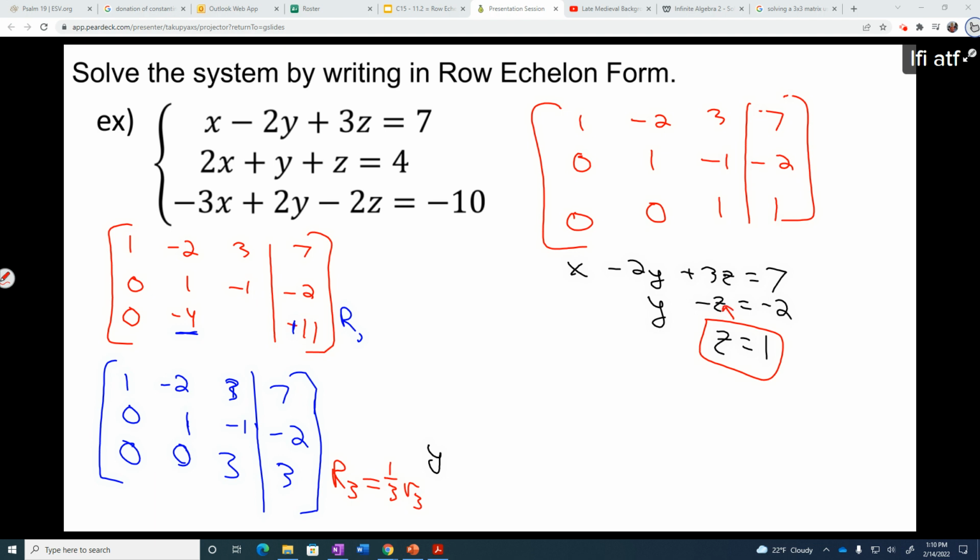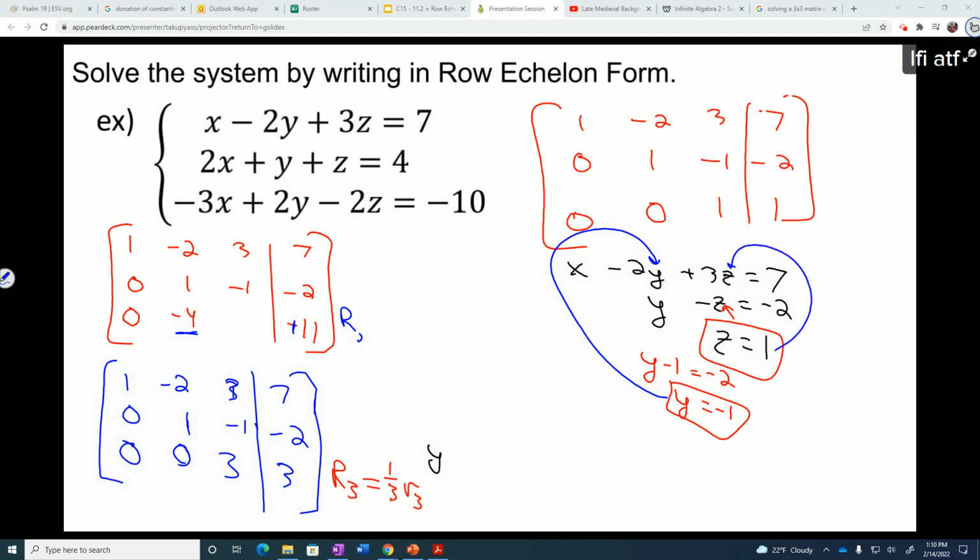We're going to plug this one into here. So y minus 1 equals negative 2. Add it over. So y equals negative 1. And then this one, since the first equation has both of them, we got to plug both of them in. You got to plug that one in there, and then plug the z in here.